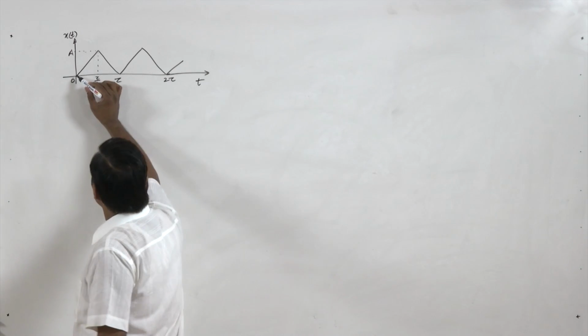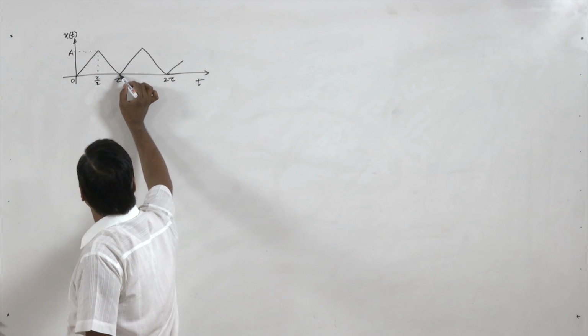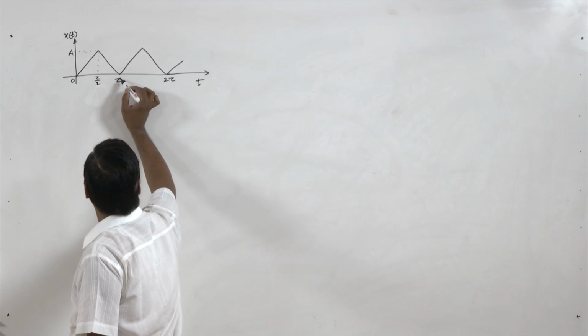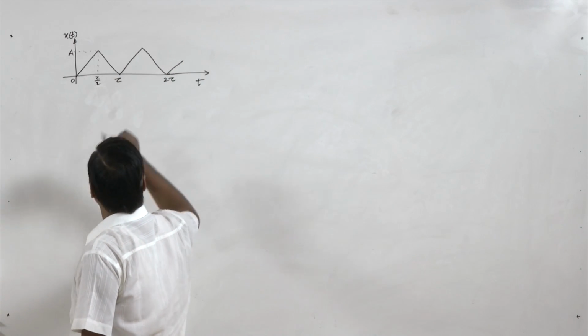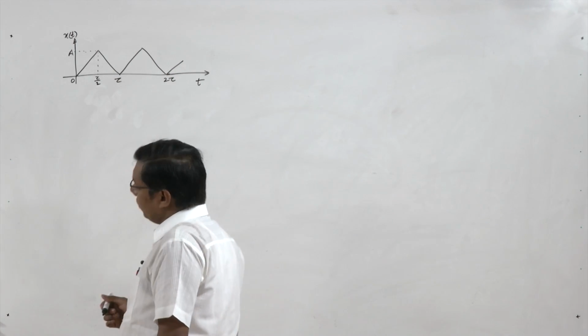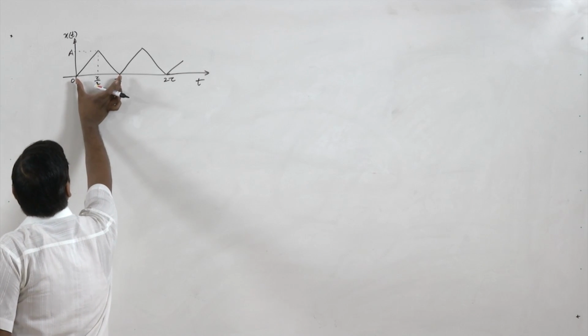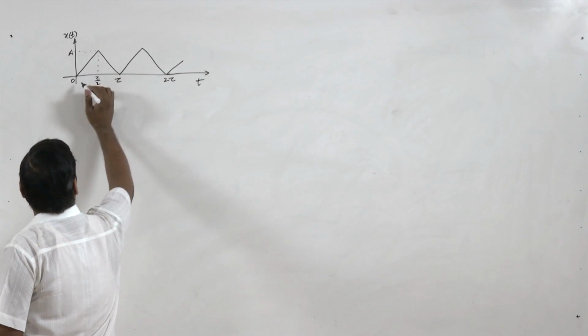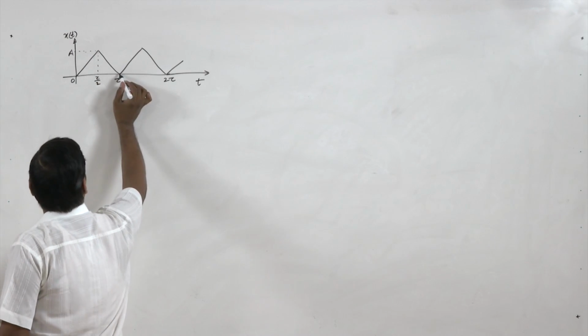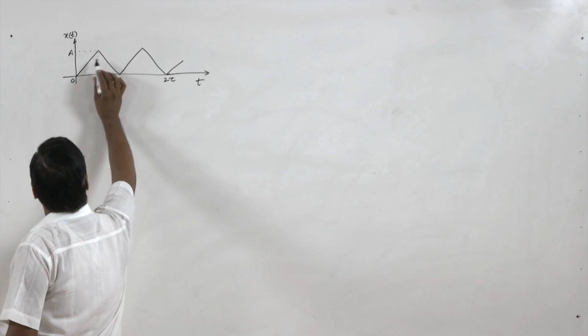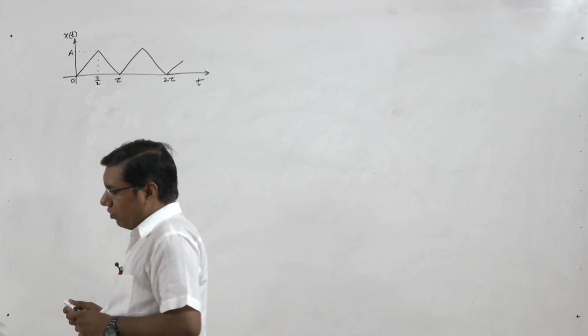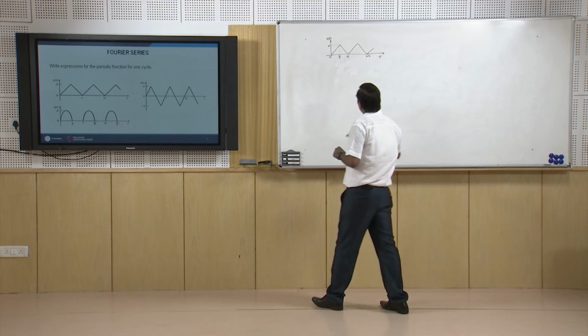Now here this is one cycle, because here it is a time period tau, and this same cycle is repeated after equal intervals. So we have to define the periodic function in one cycle. So we see that here there are two different lines. So we have to define the equation of lines in this range.